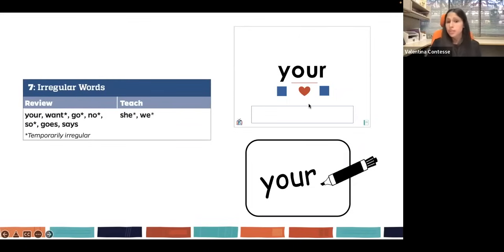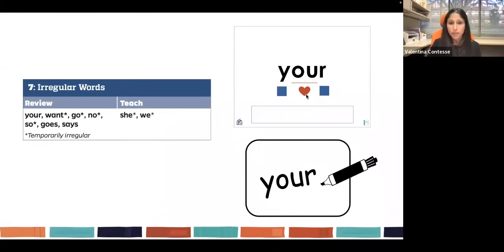We do this with the method of talking about the part that we have to learn by heart. So, the heart word method. In the word your, you can see that there are blue boxes under the Y and the R because those two letters make their typical grapheme phoneme correspondences. Those are common sounds.